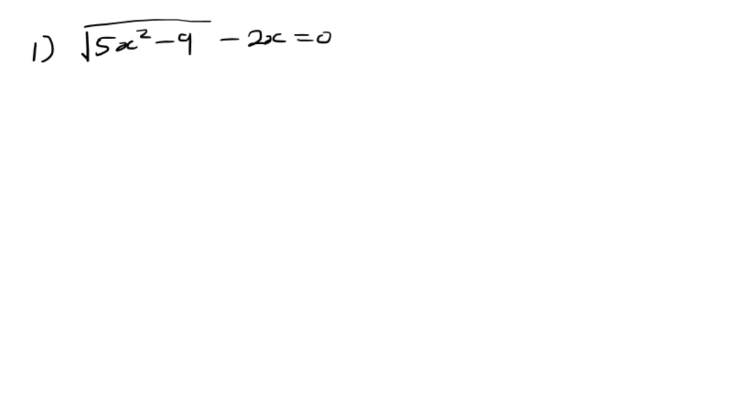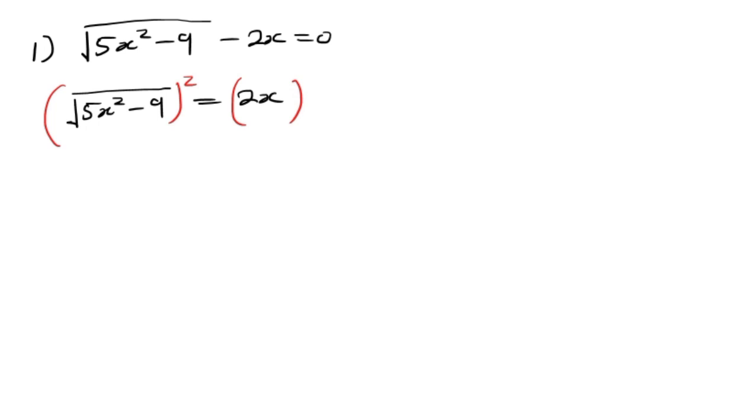So here we have first isolated the square root of 5x squared minus 9 is equal to 2x. Okay, so taking the minus 2x to the other side of the equal sign, it becomes positive. At this point, we have to take the square of both sides. We are squaring because the order of this radical sign is a square root sign.